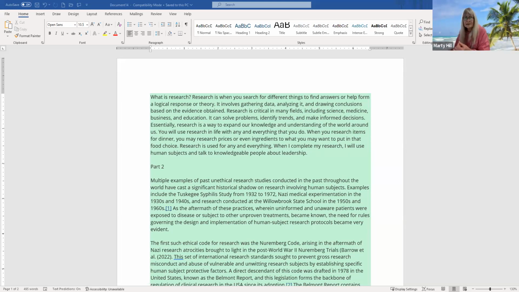Am I going to need to get permission if I want to do the interviews in the school building? What kind of permissions am I going to need to do those interviews in the school building? Is there a possibility that any of the people I'm going to be interviewing falls under a protected class? Be thinking about all of that. That's what this is about.